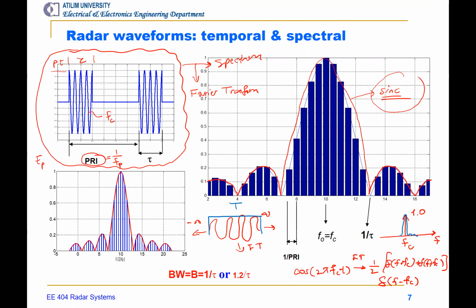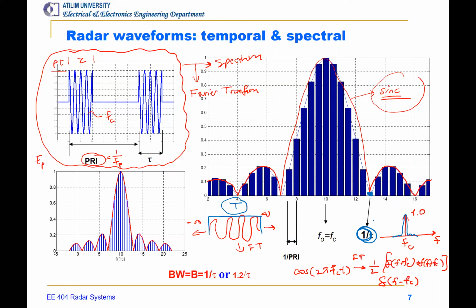Very narrow sinc. Why? Because we take a long tau. And long tau means, you see, this first zero of sinc function is proportional to pulse width. If I choose a very big tau, then this sinc will be simply what?